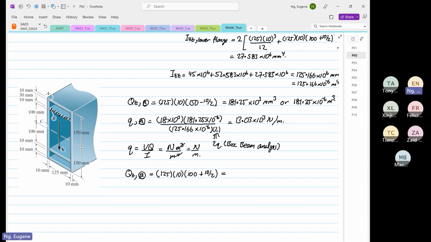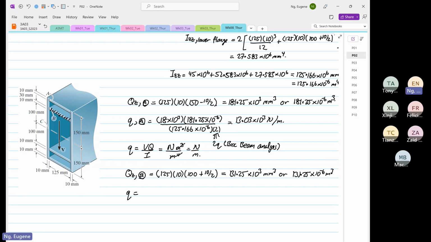So this will be equal to 125 times 125 times 10 times the 100 plus 5, which is equal to 131.25, right? Times 10 to the power 3. Okay, and then this is millimeter cubed, or 131.25 times 10 to the power minus 6 meter cubed.